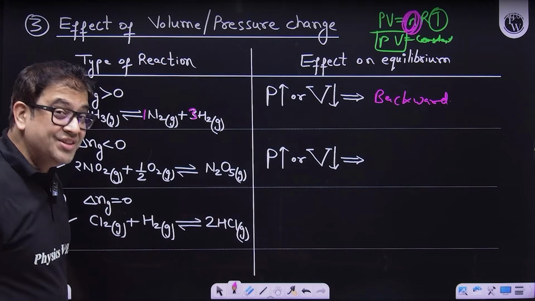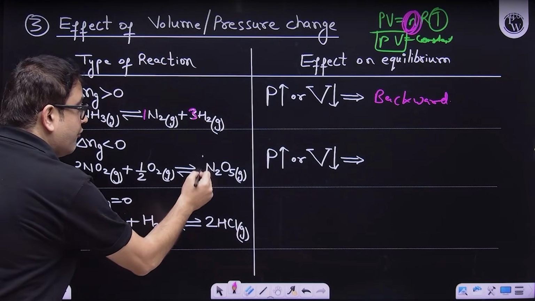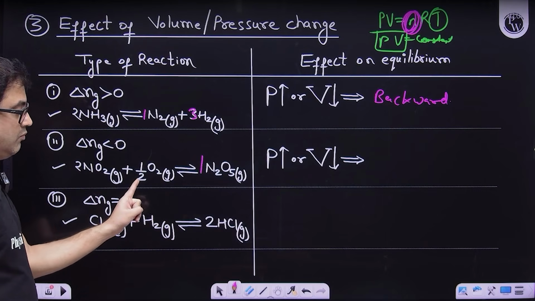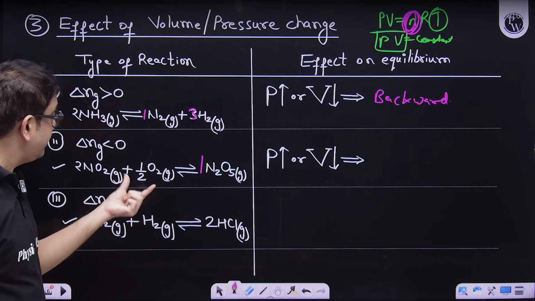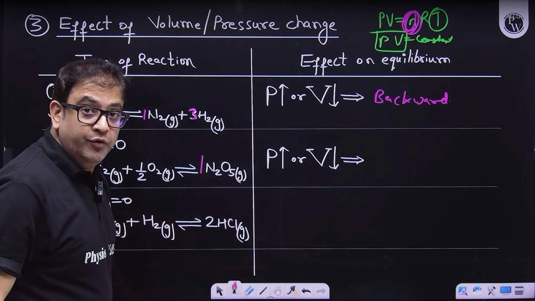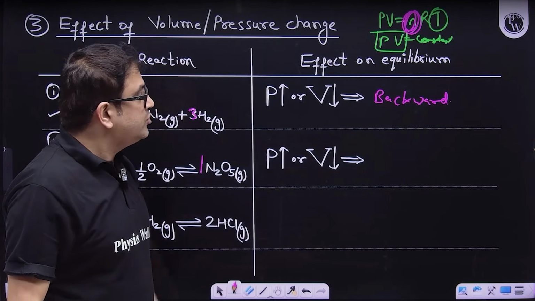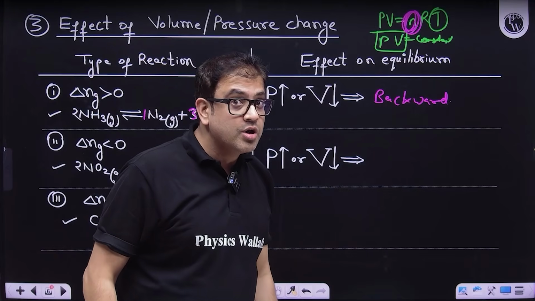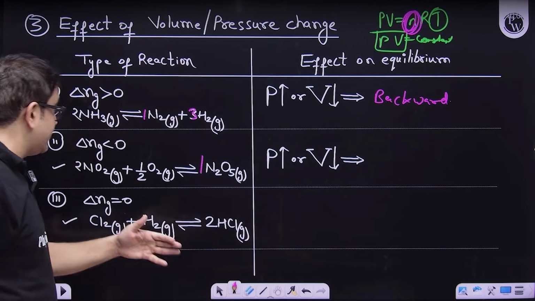When delta Ng is negative, okay sir, like in such cases over here, 1 minus 2.5, which is a negative thing. So over here, now if you increase pressure, I'll try to reduce it. In order to reduce it, I have the operator of moles. So I'll proceed in that direction where the number of moles is getting decreased. Where is it getting decreased?